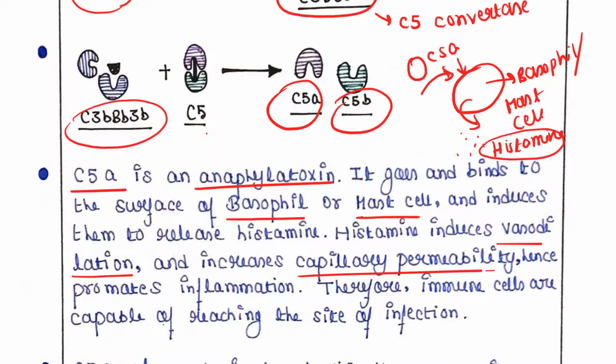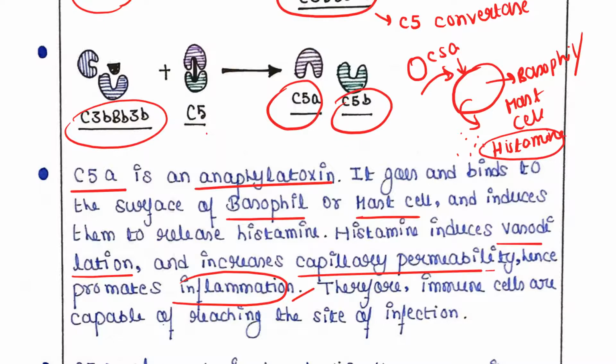Hence, they promote inflammation, because both vasodilation and increased capillary permeability promote inflammation. If you want to know in detail how they promote inflammation, and what exactly vasodilation and capillary permeability are, please check my lecture on Inflammation. I have explained them in detail in that lecture.